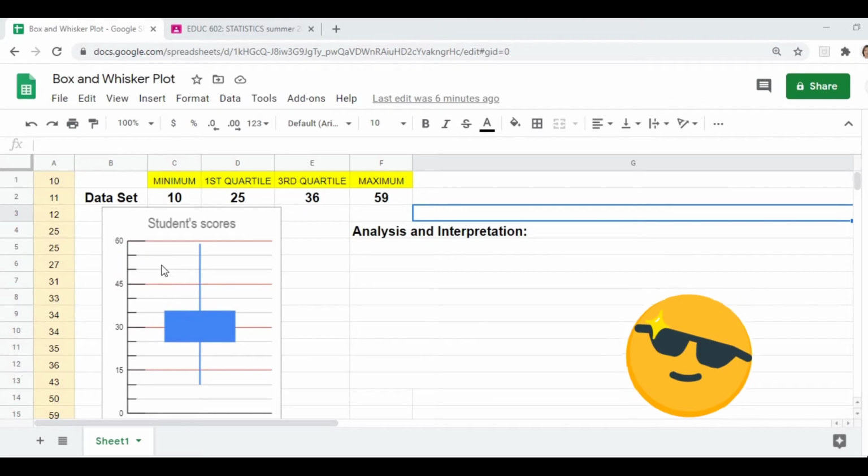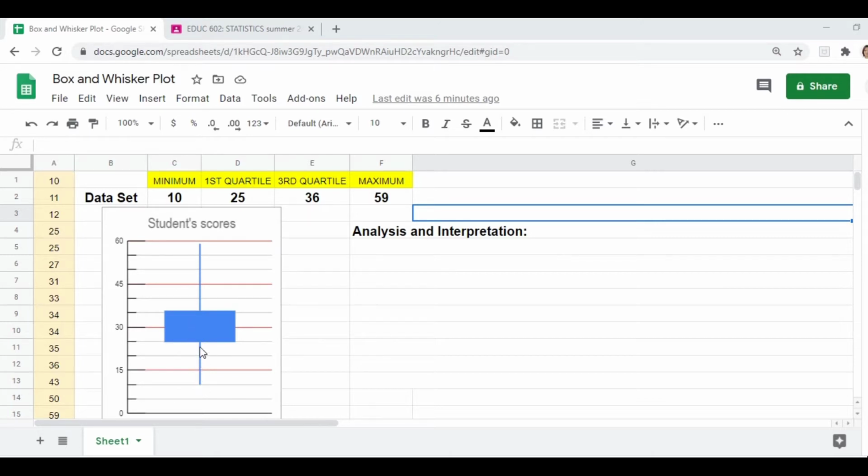So let me first describe this graph. Here these two blue lines, we call these whiskers, and this blue rectangle, we call this the box.